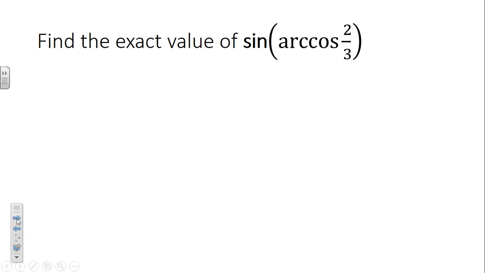Okay, but now we want to find the sine of the arc cosine of 2/3. Okay, so now we don't have two functions that are inverses of each other, just pull the number out, right? But what does that mean? We want to take the sine of the angle whose cosine is 2/3.